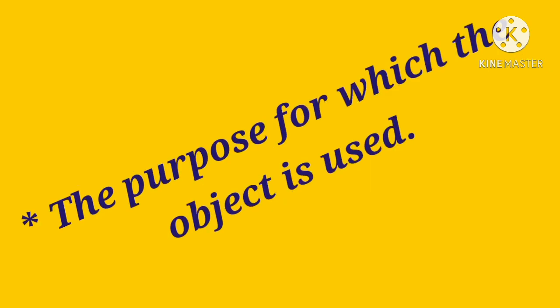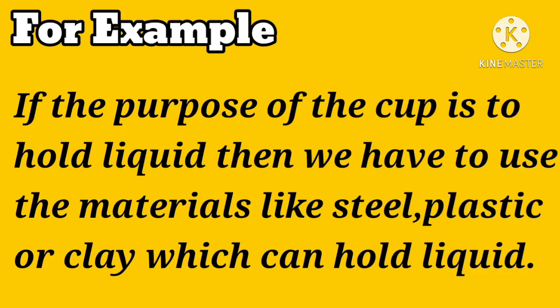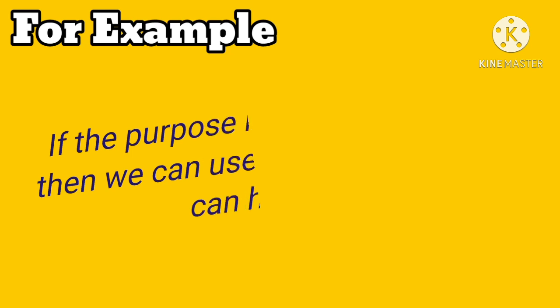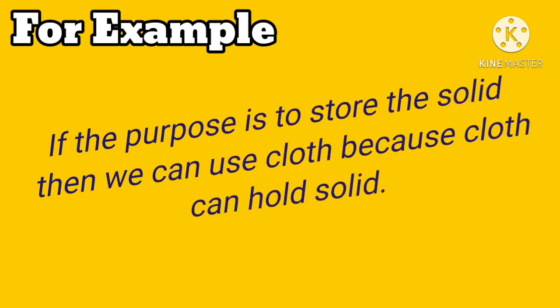Along with this, we should also know the purpose for which the object is used. For example, if the purpose of the cup is to hold liquid, then we have to use materials like steel, plastic or clay, which can hold liquid. If the purpose is to store solids, then we can use cloth because cloth can hold solids.